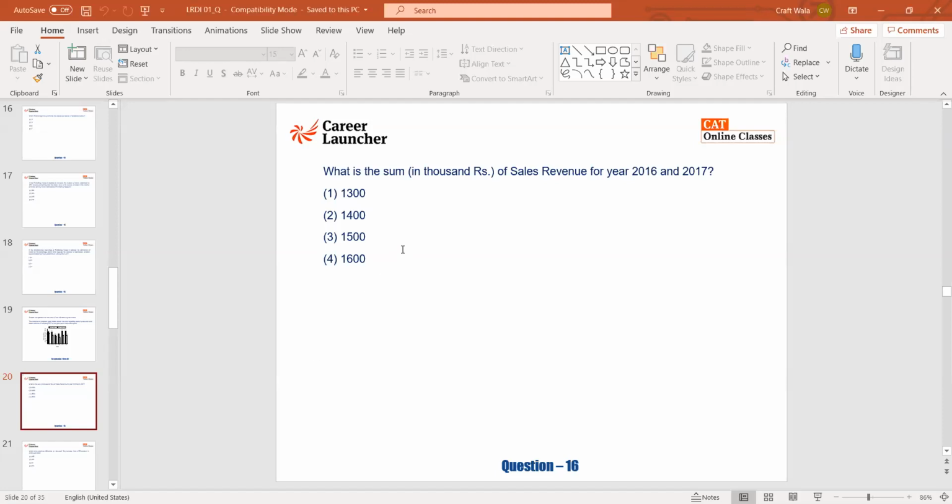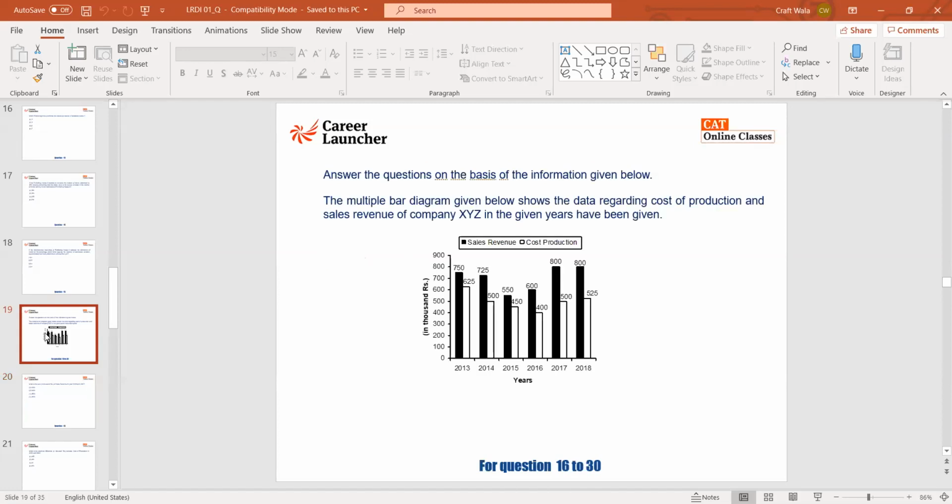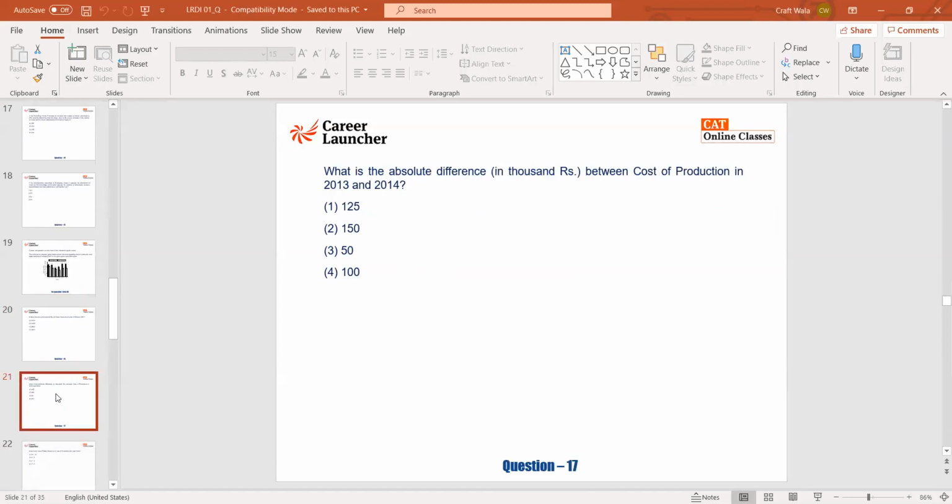What do you get? 16th one. What is the sum of sales revenue of the company? Okay, 1400. Next one, 17th, absolute difference between cost of production in 2013 and 14.